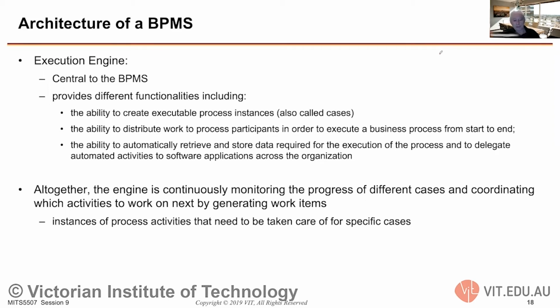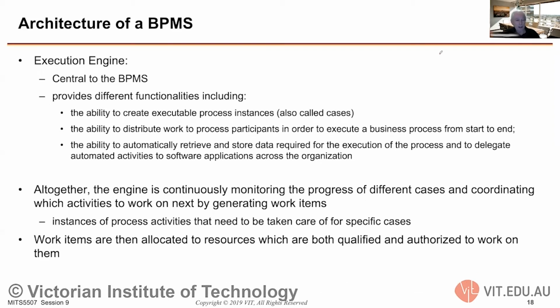Okay, so work items are instances of process activities that need to be taken care of for specific cases, and the work items are then allocated to resources, and those resources are qualified and authorized to work on specific activities. So when you define an activity, much like we did in BIMP, we define resources in the system.